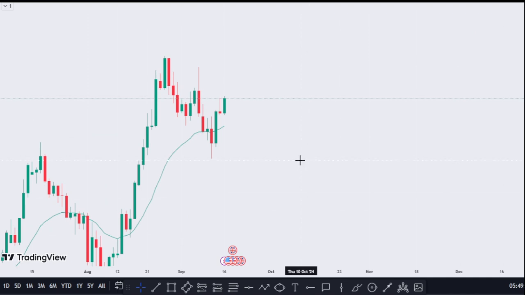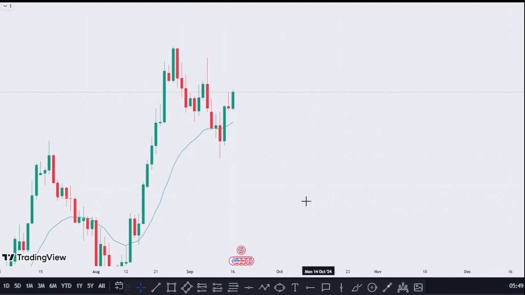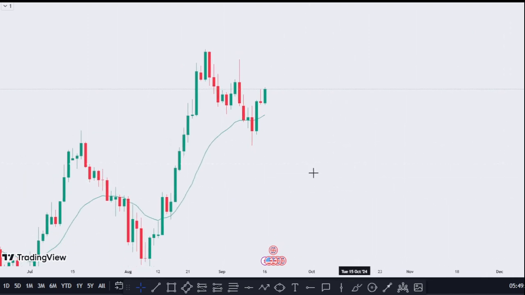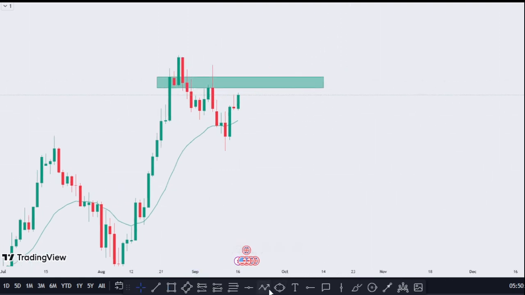Now, after establishing our sentiment on the daily time frame, where we're expecting the market to head this week, the next step is to establish our frequency key level. Then we have a frequency key zone around this place, serving as resistance.